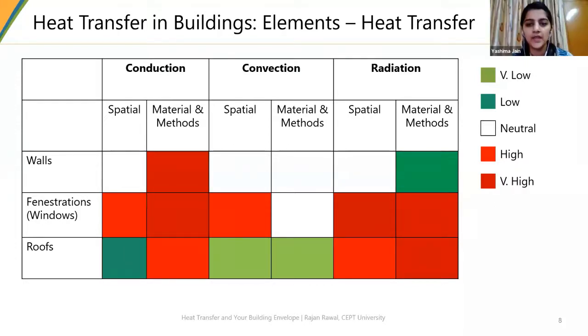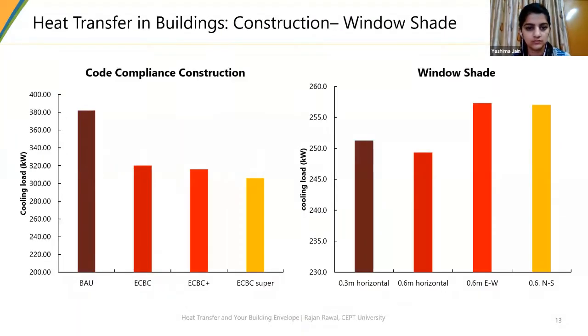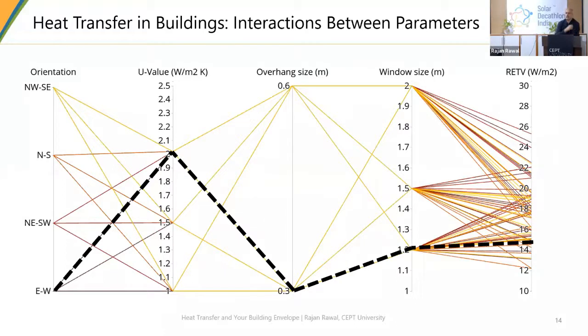Next question. Can you talk a little bit more about the graph shown on slide 14? Yeah, so on the first vertical line, we have cases which are oriented on the northwest-southeast axis.